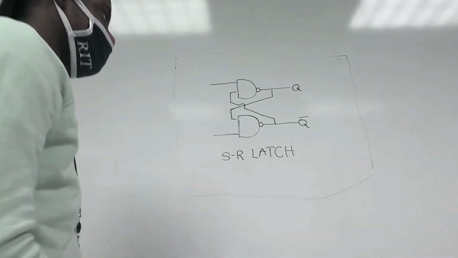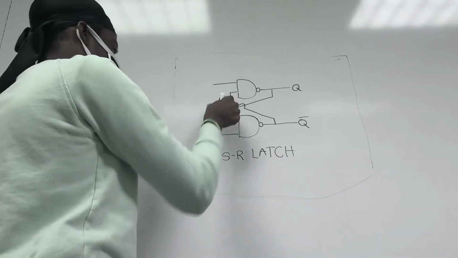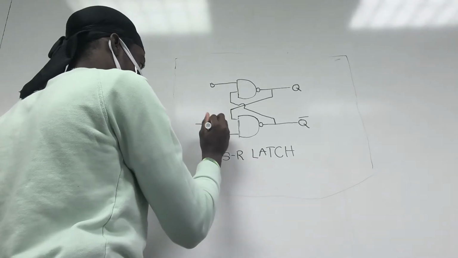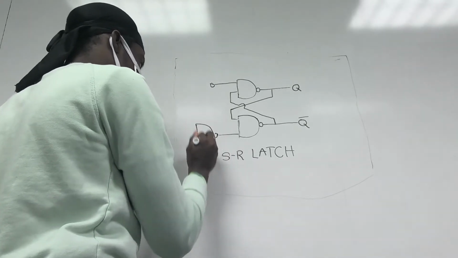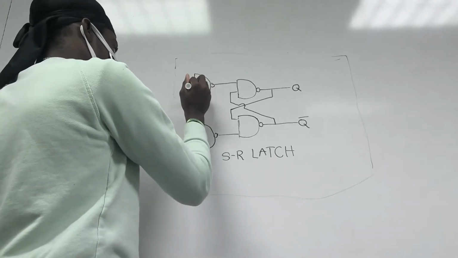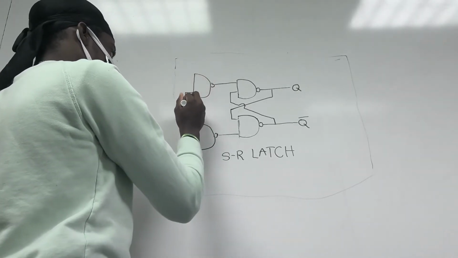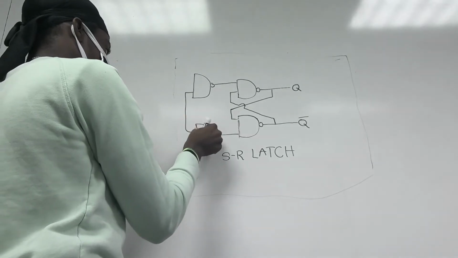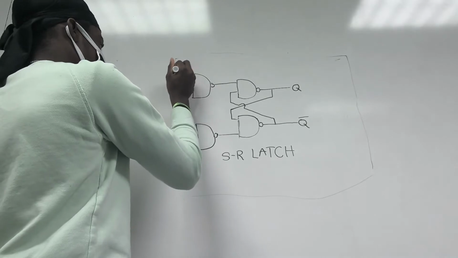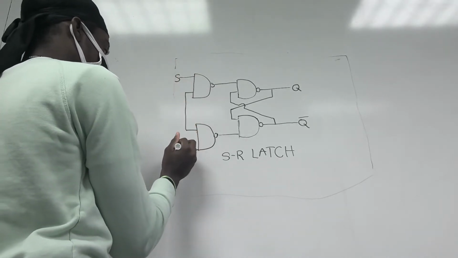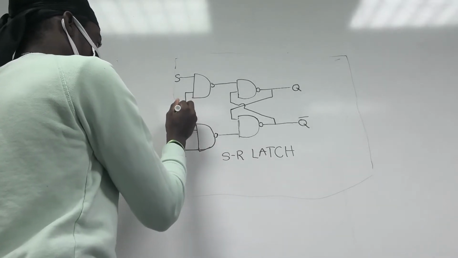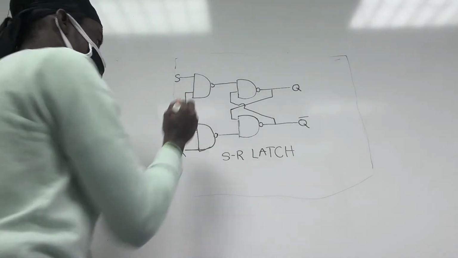To add enable, you just add another pair of NAND gates, make this your S, make this your R, and make this enable.